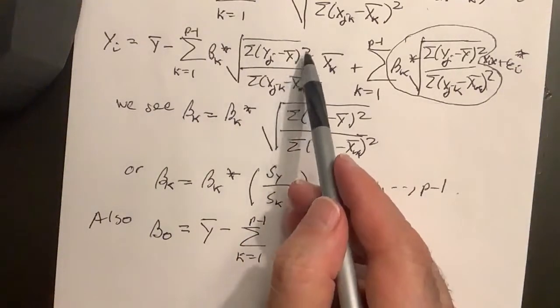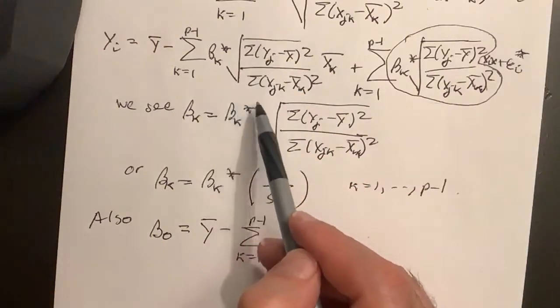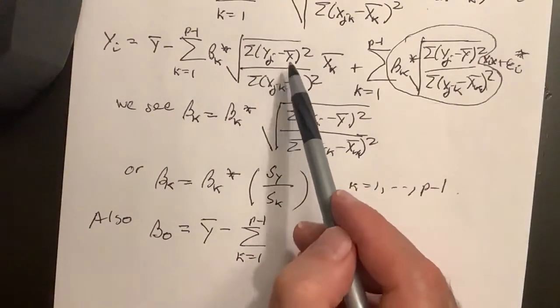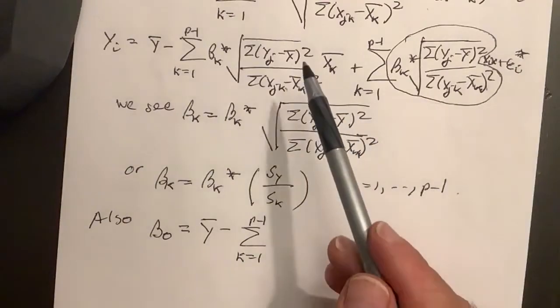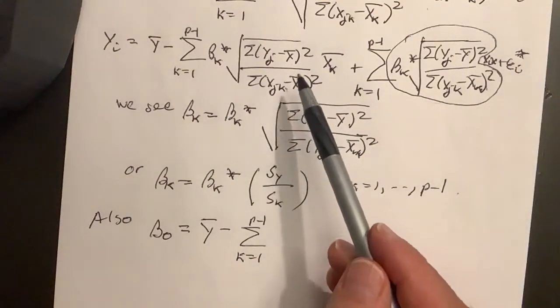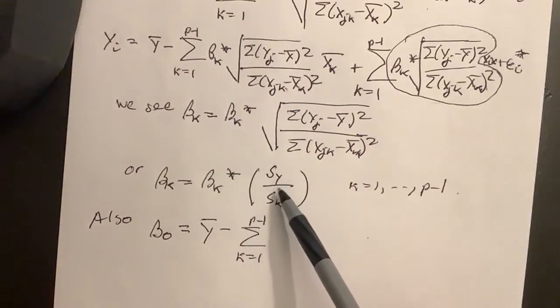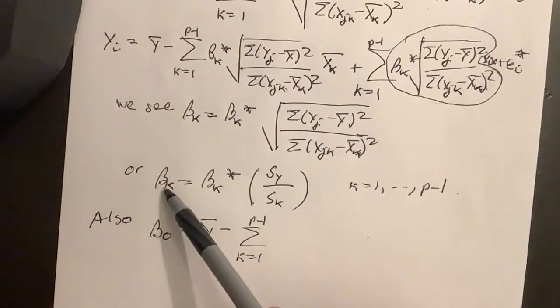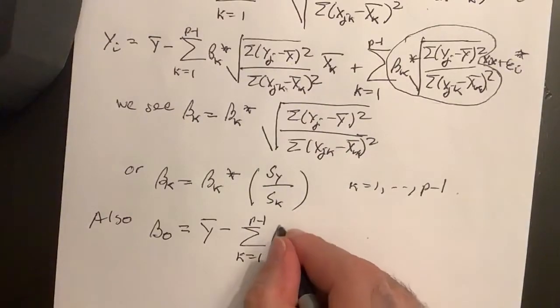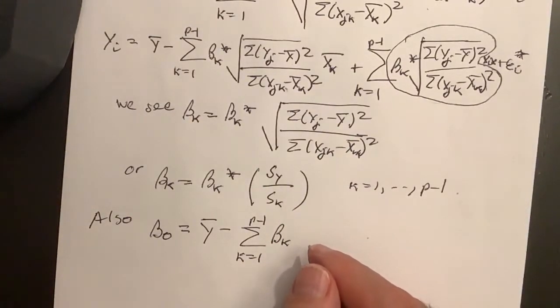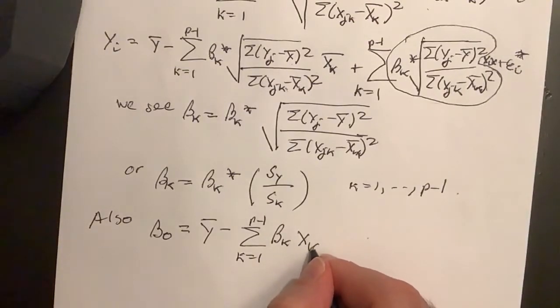And you can, again, see, if you want, for simplicity, that each of these is sy over sk. So actually, each one of these terms here, each one of the bk stars times sy over sk is just beta k. So this is y bar, beta k, which I've already computed, and xk bar.